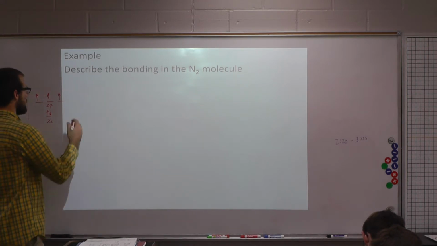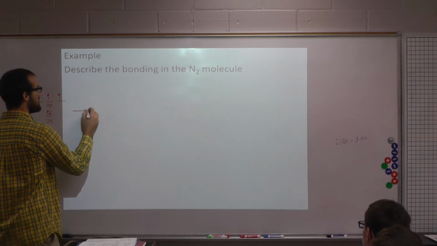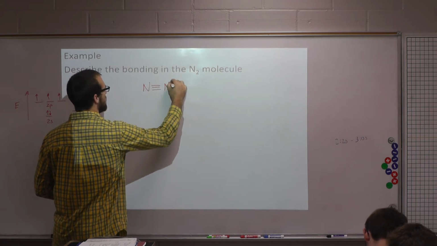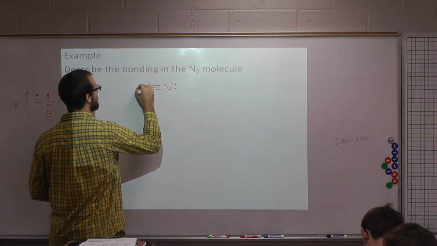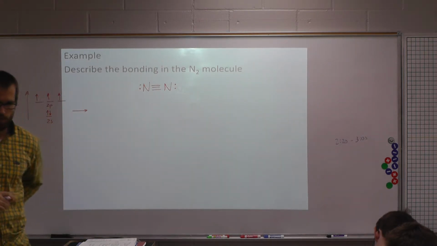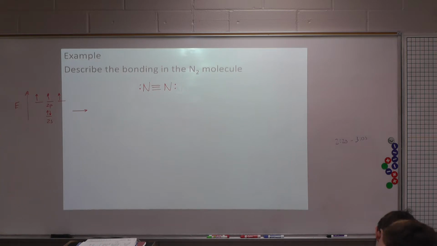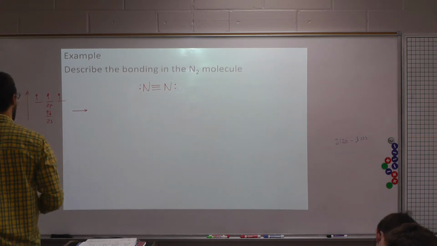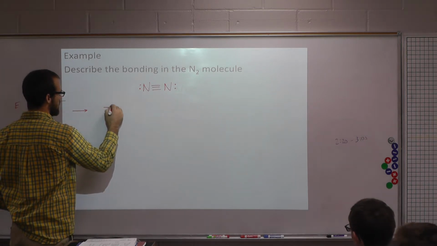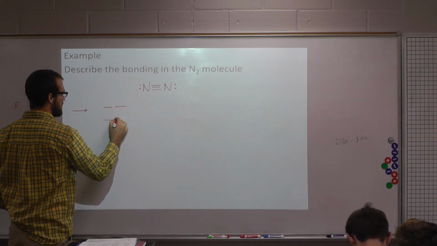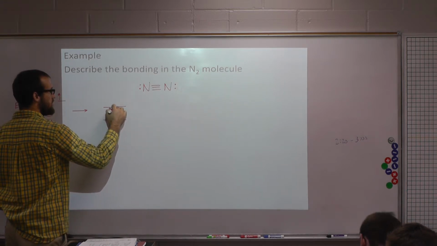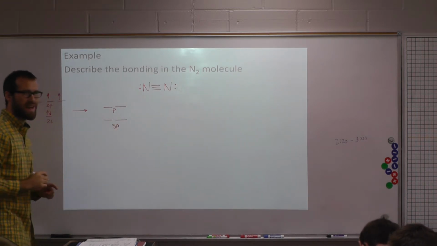If I were to draw the Lewis structure here, this is what it would look like. How many regions are there? Two. When you have two regions, you're only going to form two hybrid orbitals. Those are going to be sp hybrid orbitals, and you will have 2p orbitals unhybridized.